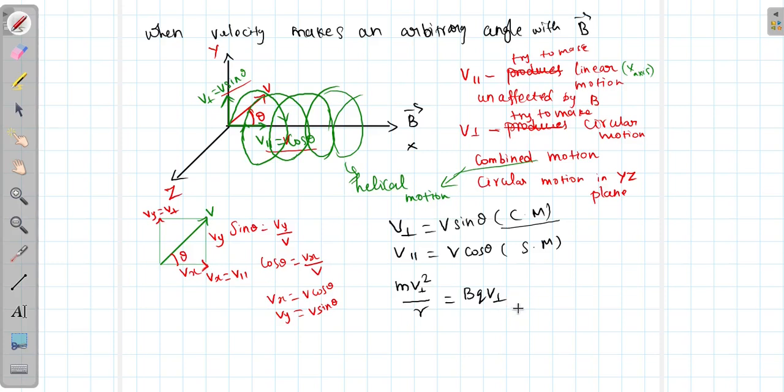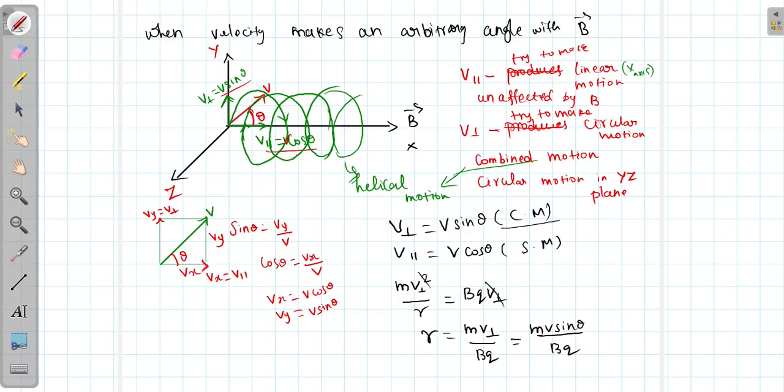Is it right? Yes, sir. Now rearrange the values. Cancel the square. Therefore, R equals m V perpendicular divided by B Q. V perpendicular is V sin theta, so the radius of the circular motion is m V sin theta divided by B Q.